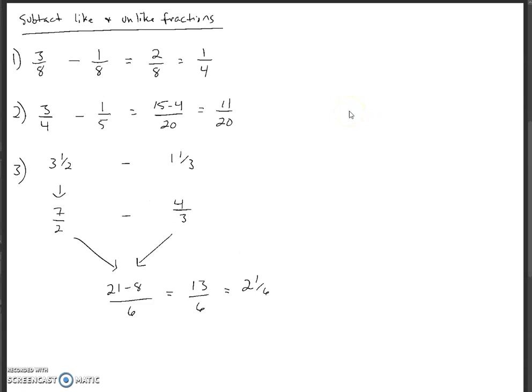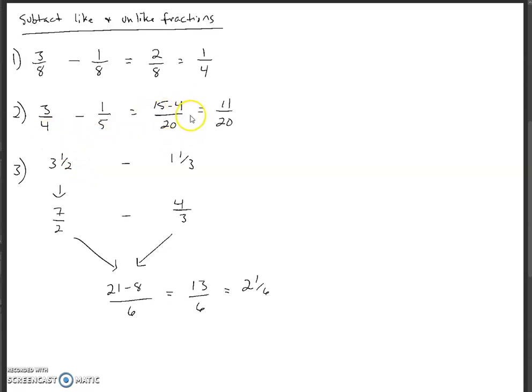So adding fractions pretty much sets the groundwork for how the rest of it unfolds. But now, subtract like and unlike fractions. So 3/8 minus 1/8 gives us 2/8. We reduce this down to 1/4. 3/4 minus 1/5. Well, we have to find a common denominator there.